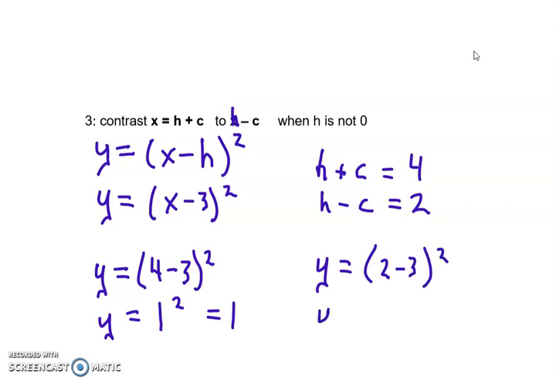And now in this example, 2 minus 3 is negative 1. Negative 1 squared, well, a negative squared is a positive. We get the same answer from one side of the vertex as the other side of the vertex. So going down from h, h minus c, is the same as going up from h plus c.